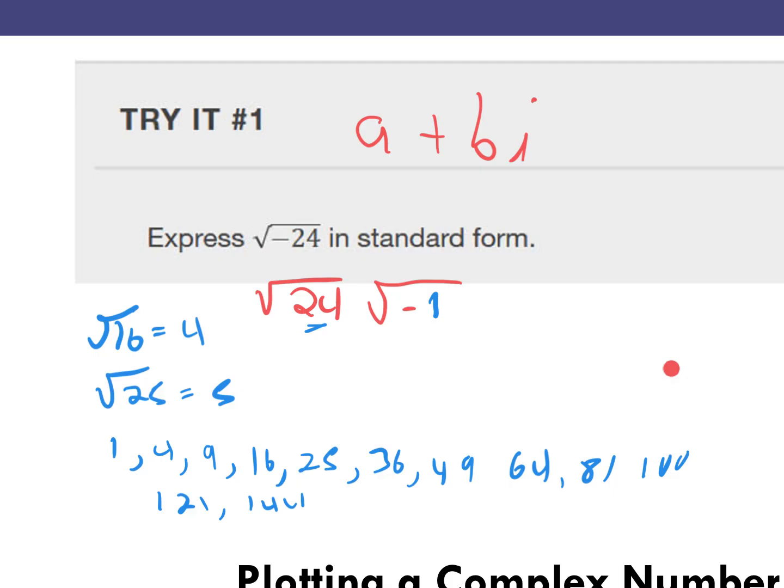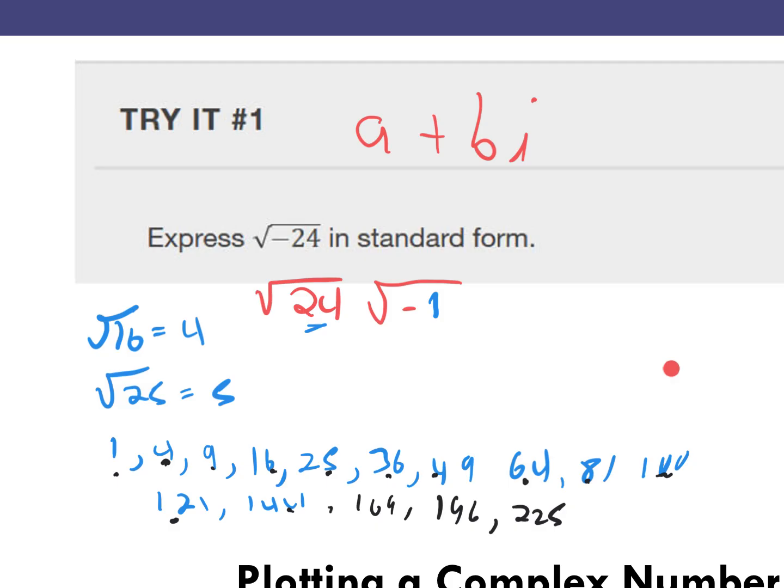Where do I get these numbers from? 1 squared, 2 squared, 3 squared, 4 squared, 5 squared, 6 squared, 7 squared, 8 squared, 9 squared, 10 squared, 11 squared, 12 squared, and 169, then 196. And so it starts getting a little harder for me, and I think the next one is 225, I think. That's almost as far as I can go.